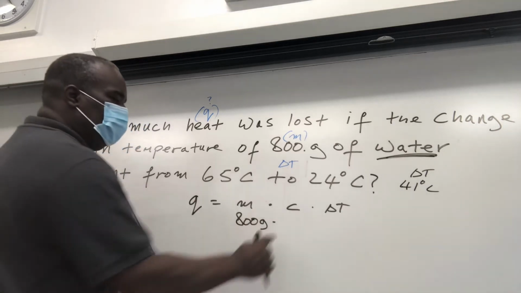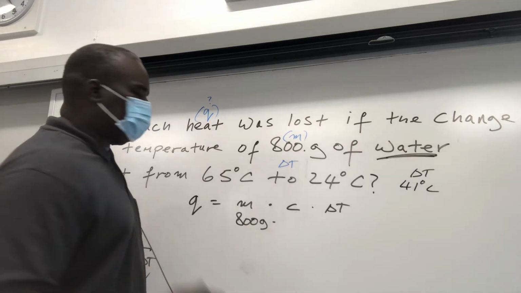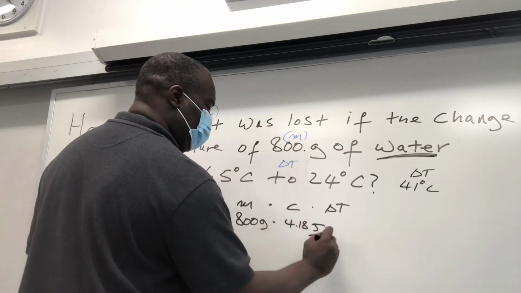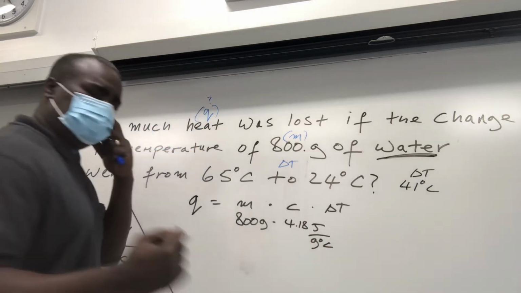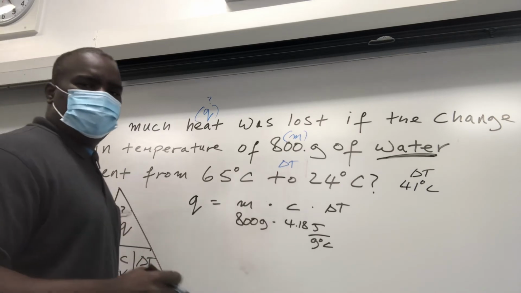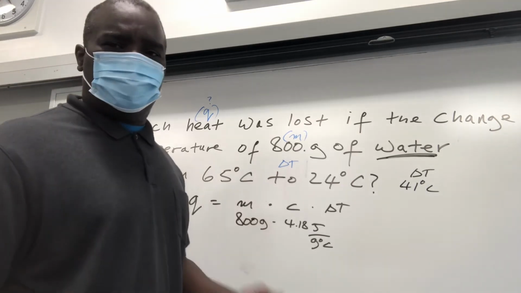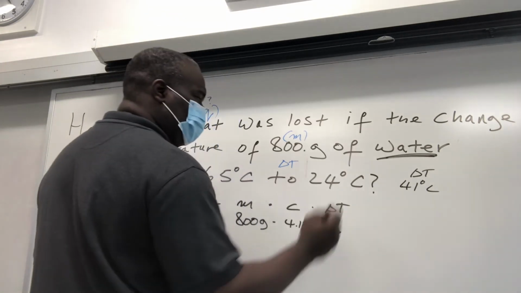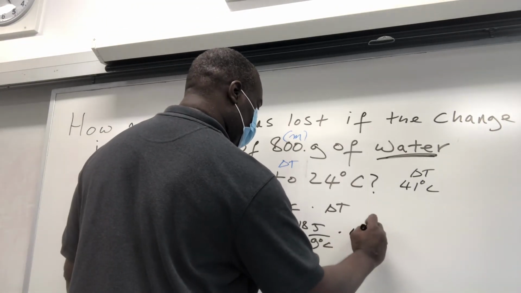The specific heat capacity for water is 4.18 on your reference table, and the units are joules over grams degrees C. Now, once again, if you see Kelvin, don't panic, because the differences in Celsius and the differences in Kelvin are equivalent. And the temperature change is 41 degrees C, so 41 degrees C goes there.